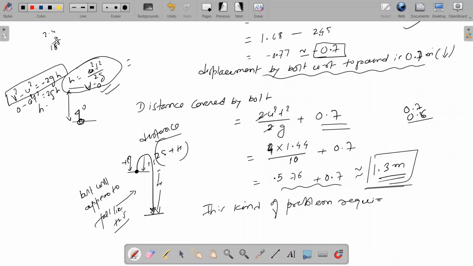And that's how the same motion can be analyzed beautifully from 2 different reference frames. The elevator frame makes the free fall calculation simple, while the ground frame gives us a fascinating picture of the bolt moving upward, reaching a maximum height, and then coming back down.